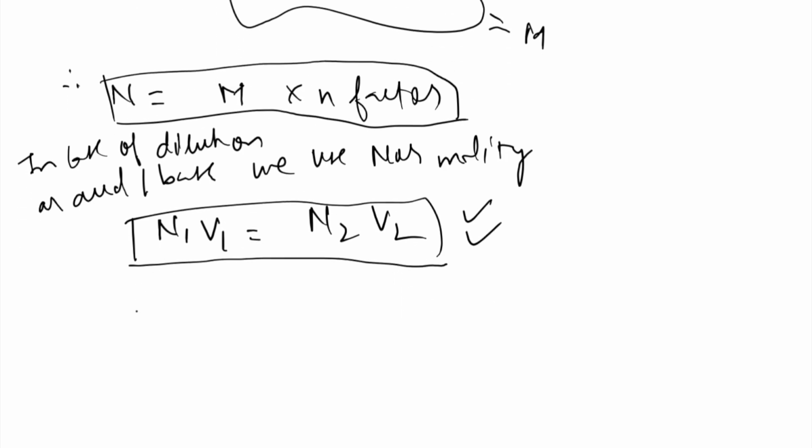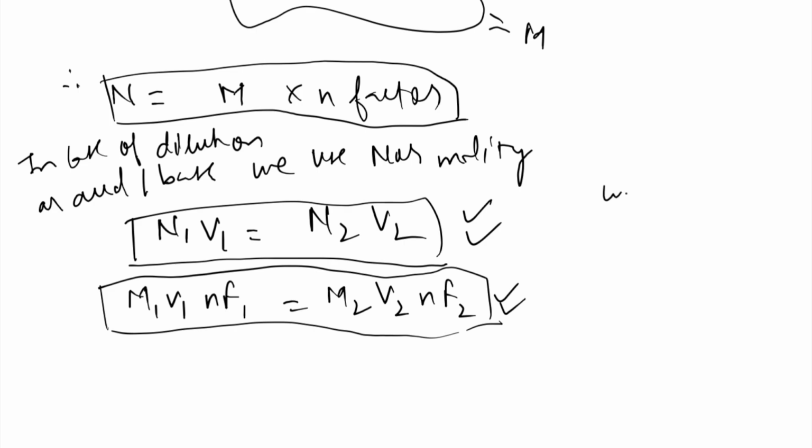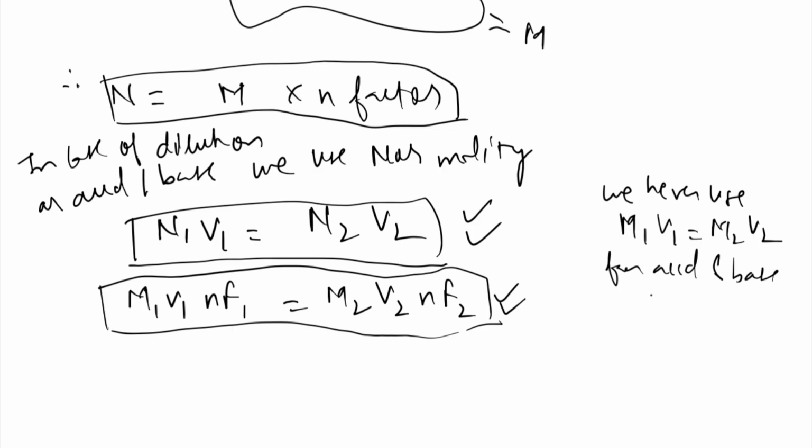Or we also use M1V1 multiplied by n factor 1 equals M2V2 multiplied by n factor 2. If normality is given, you use the first formula. If molarity is given, you use the second. We never use M1V1 equals M2V2 for acid and base or for dilution. This is also very important to remember.